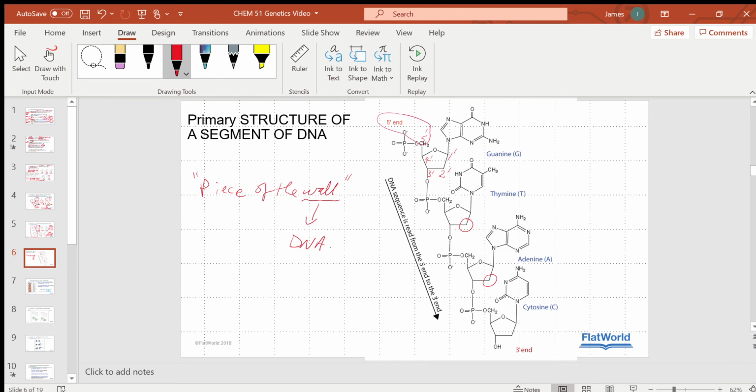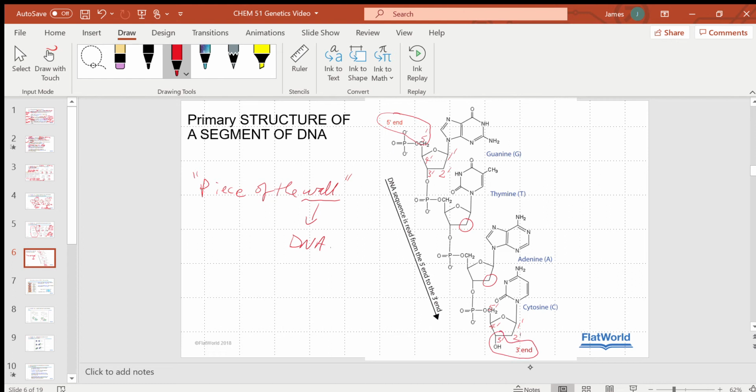It's the 5' carbon end. Let's look at the 3' end. We've got the 1' carbon of ribose, the deoxygenated 2' carbon, 3' carbon, 4' carbon, 5' carbon. So again, notice that we have the exposed 3' carbon end here.